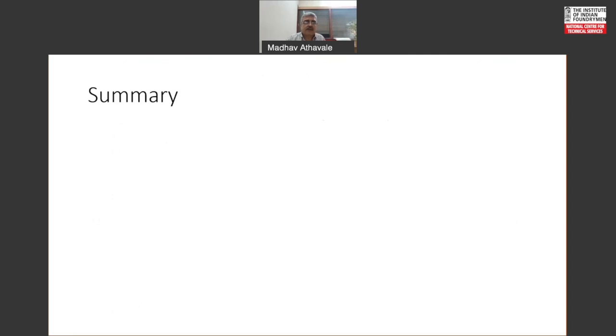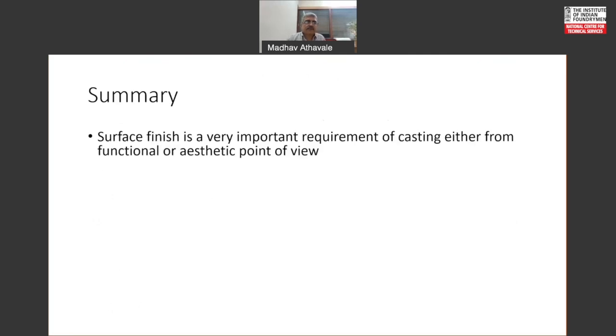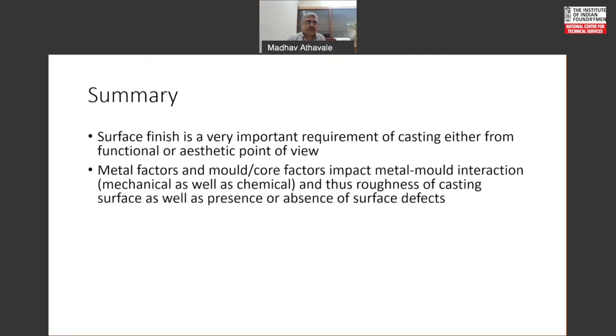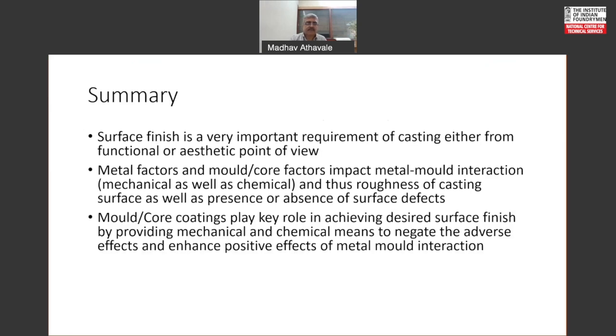So in summary, surface finish is a very important requirement of casting, either from a functional or aesthetic point of view. Metal factors and mold and core factors impact the metal mold interaction, mechanical as well as chemical, and thus roughness of the casting surface as well as presence or absence of surface defects.